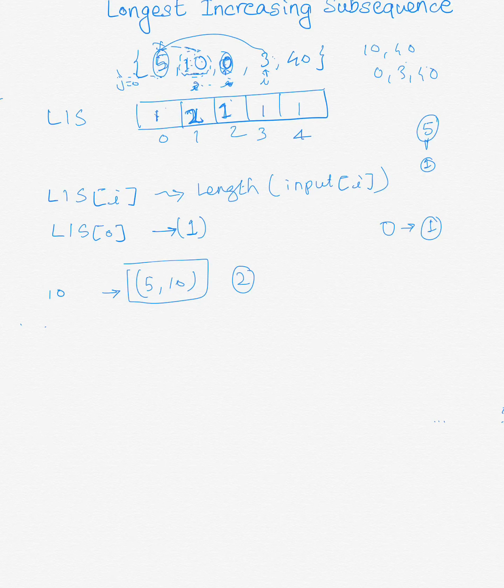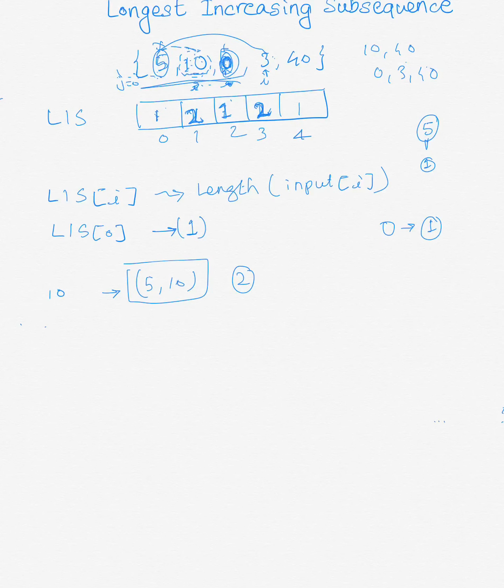And that length will be 2, because out of these 3 elements before 3, only one element can form a subsequence with 3, and the length of the longest increasing subsequence which ends with 0 is 1. So adding 3 to that subsequence, 0 comma 3, its length will be 2. So we have updated the LIS array as 2.